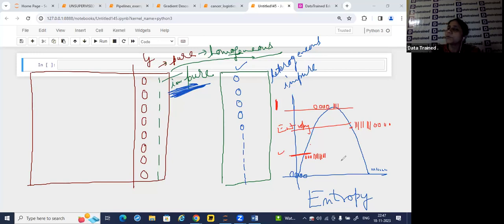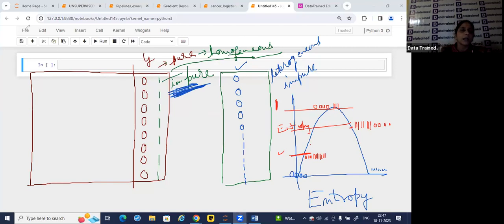The more impurity present inside the data set, the more the entropy is. High entropy gives good results. This is the term entropy.